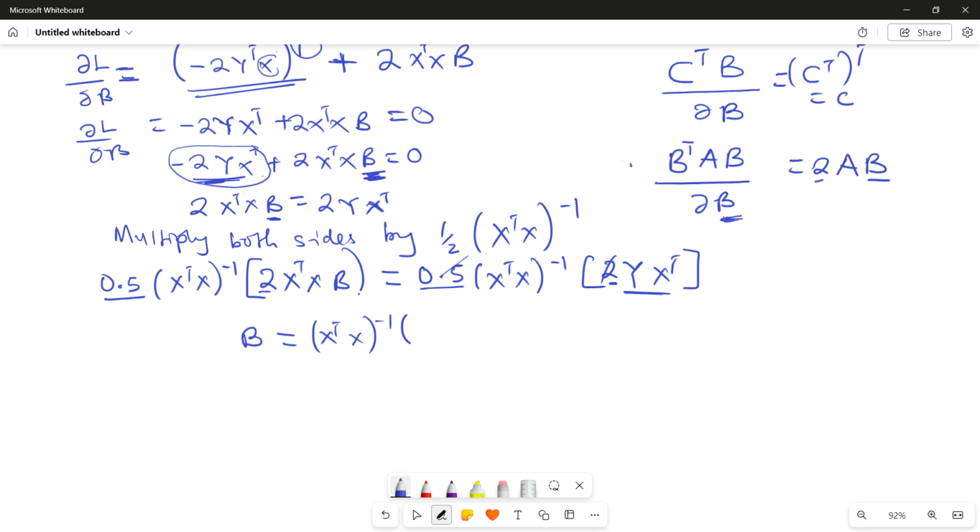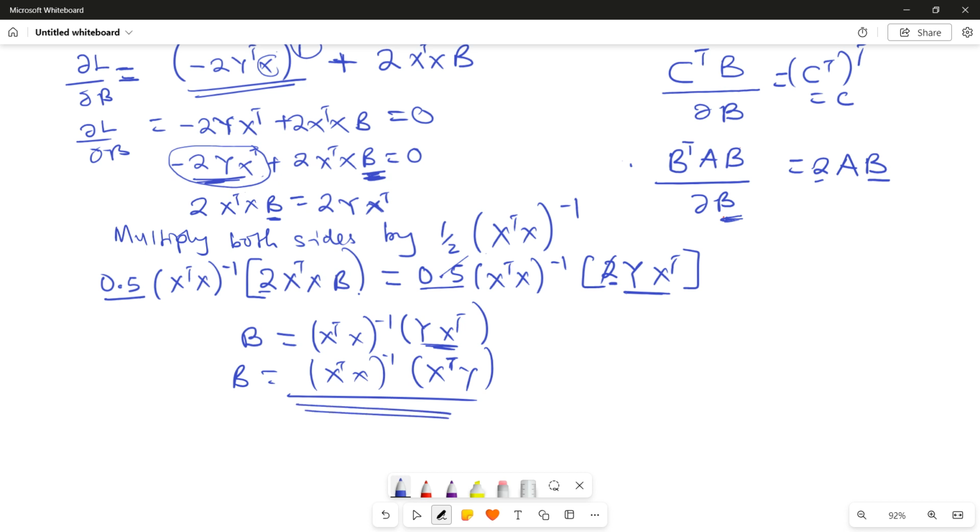So the final answer is x transpose x inverse multiplied by x transpose y. Here I've just changed the arrangement, but it's okay. The answer is still the same because this is multiplication.